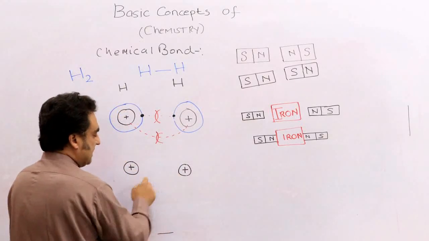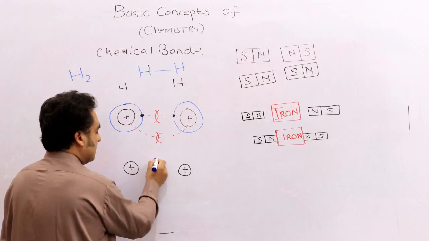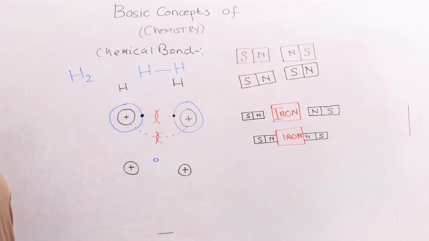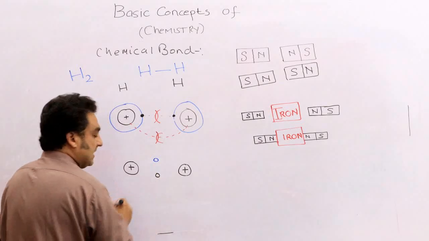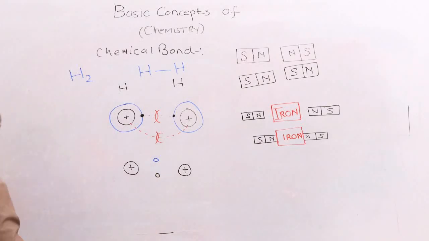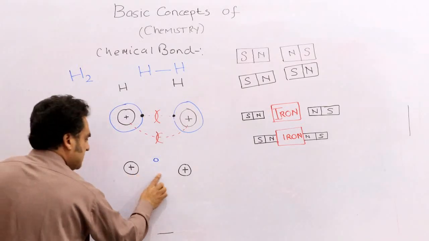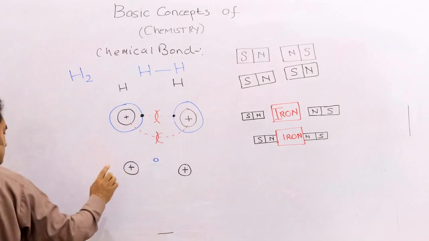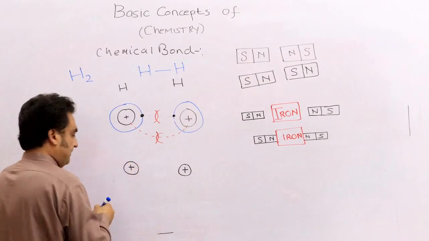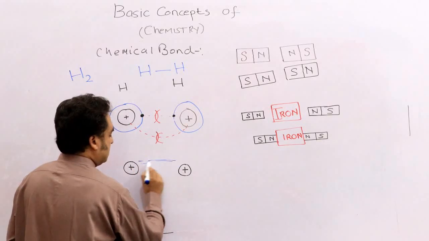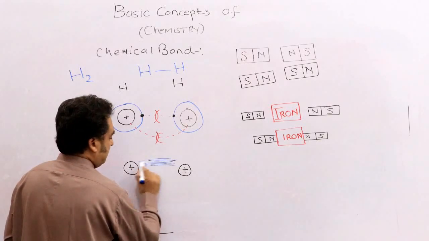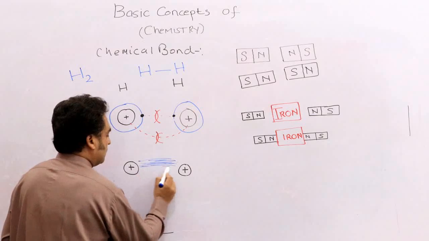So one electron is, suppose, blue and the other I should write in black. Now let's discuss the blue one first. Let me delete this. How will this blue electron be? This will be moving very fast in between those atoms.